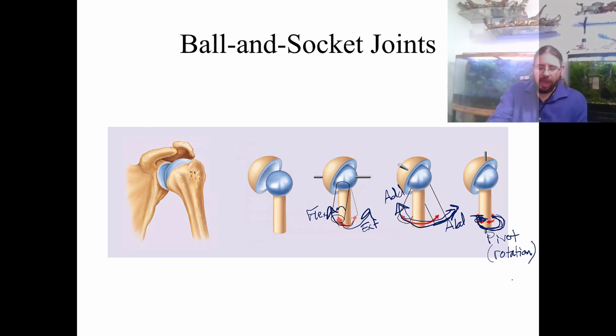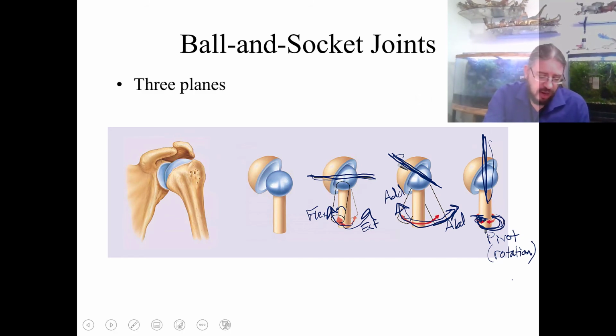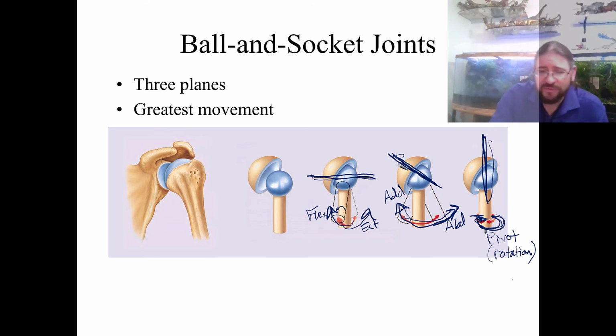So now we have 3 different planes. We have the long plane, we have a posterior anterior plane, and we have a lateral plane. And we can move along all 3 of those planes. Not too terrible. This provides us the greatest amount of movement in the body.